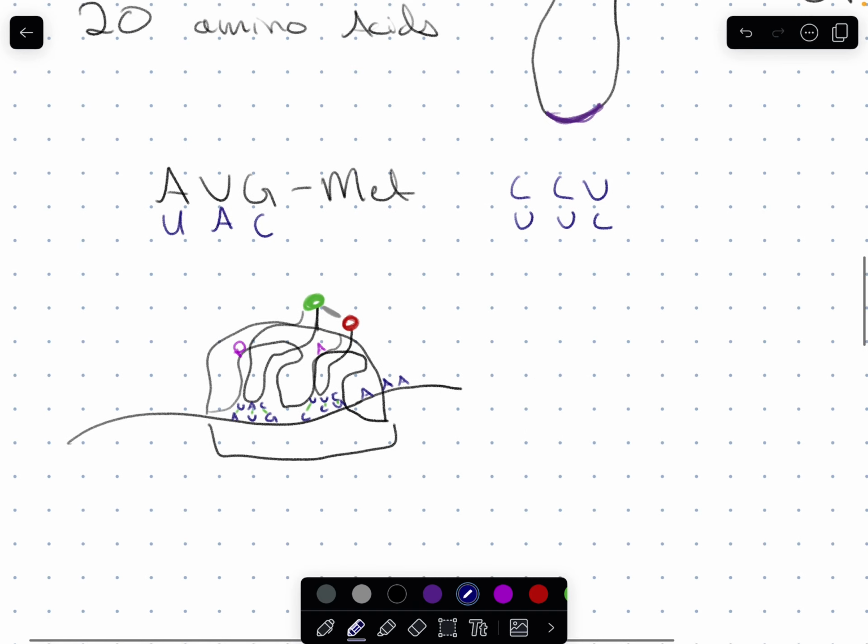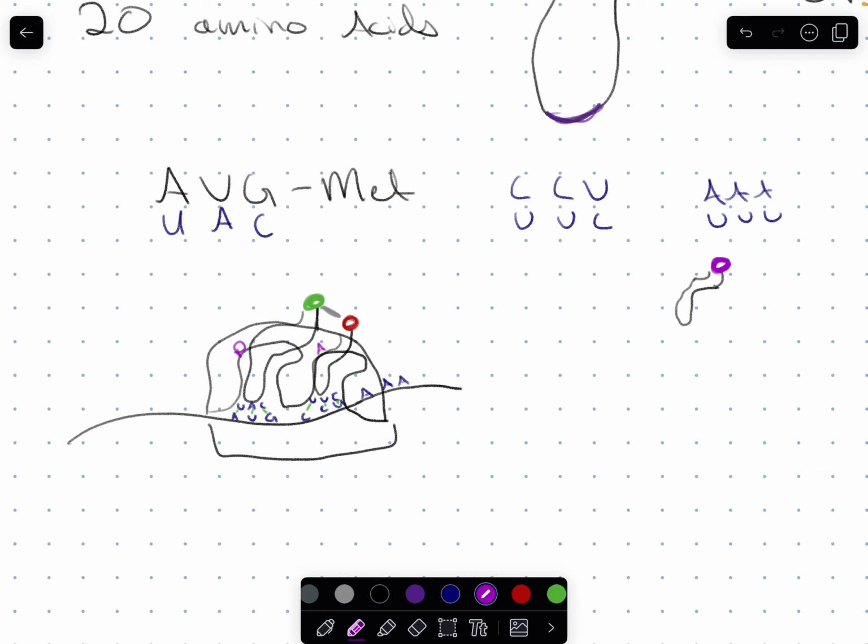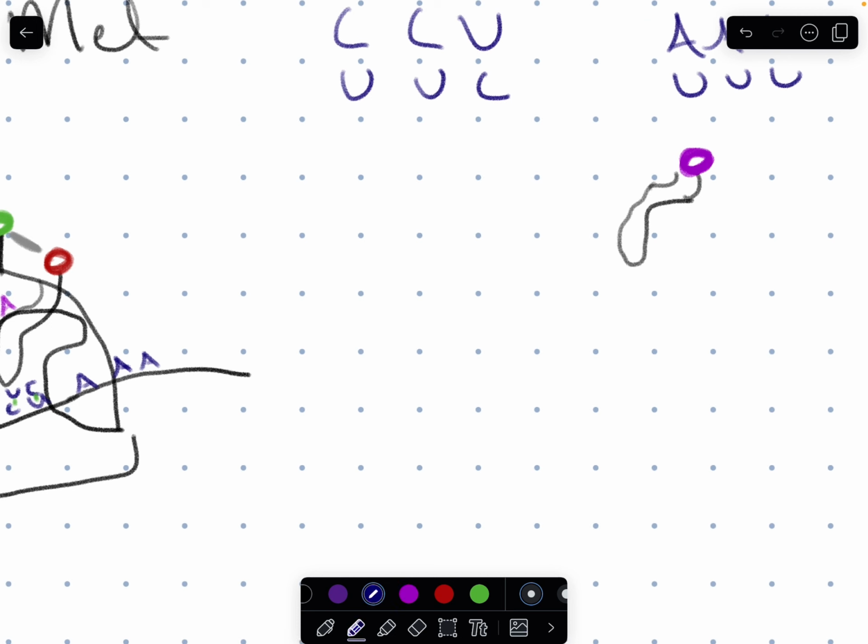So now, if we have A, our anticodon is going to be U. So we'll draw our little tRNA, and our UUU is going to be lysine, I think is how you pronounce it. But that's going to be that guy. And it's going to have UUU.